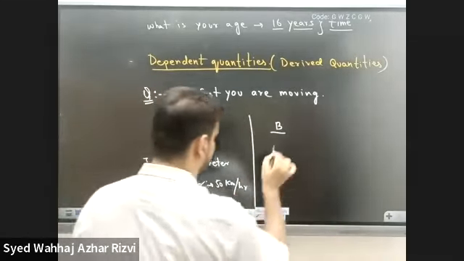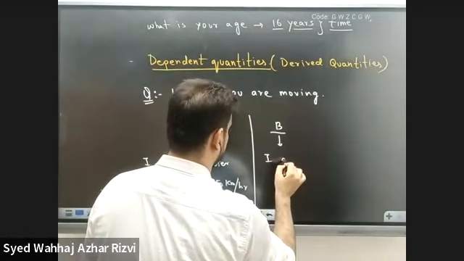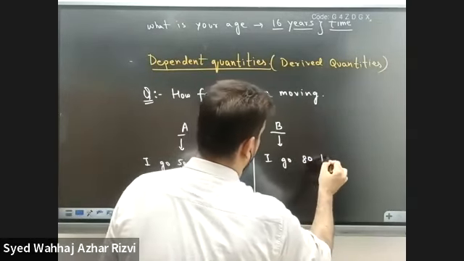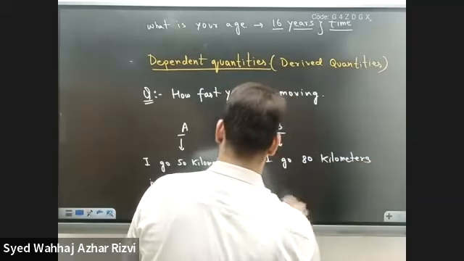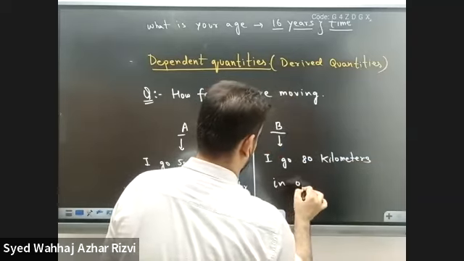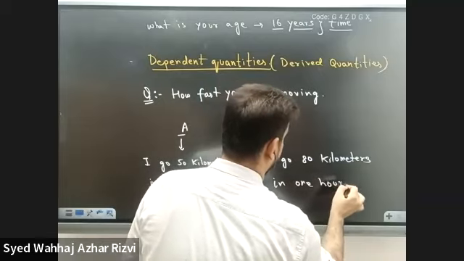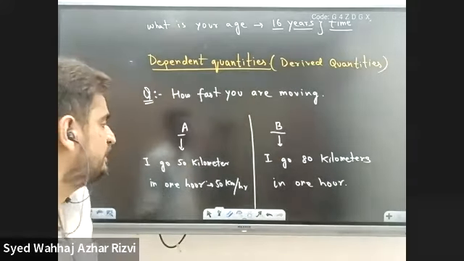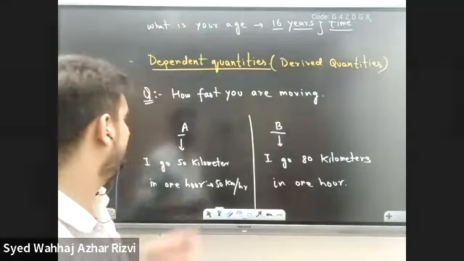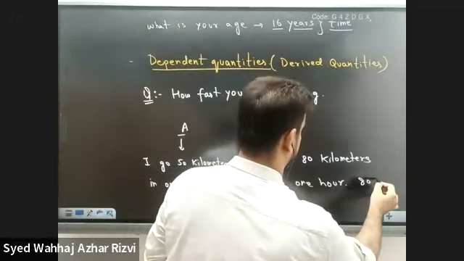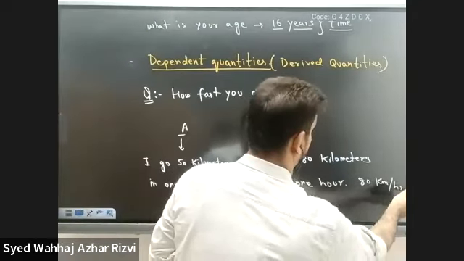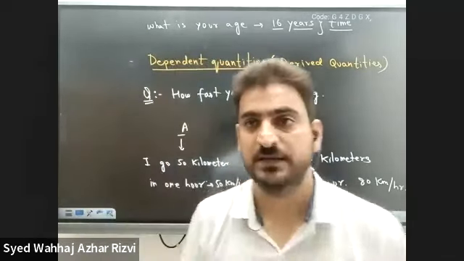And B says I go 80 kilometers in 1 hour. Okay. So who goes faster? A or B? It's 80 kilometers per hour. Who goes faster? B, yes.